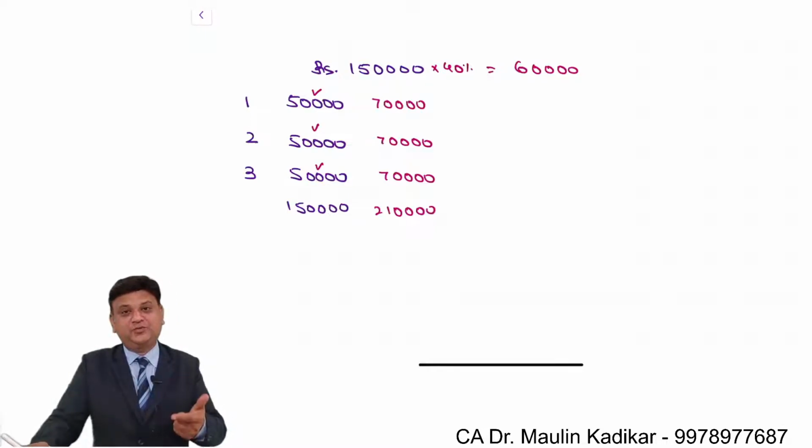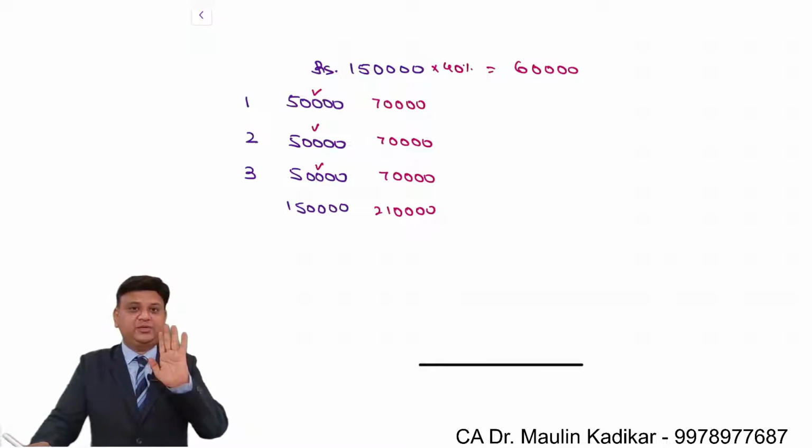Now for this portfolio, you are required to make the computation of the return, beta, and standard deviation. Let us understand how to make the calculation of the answer. First of all, I have only explained the question.